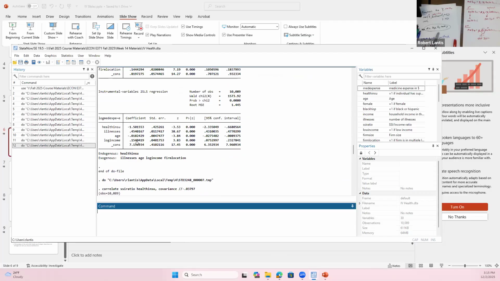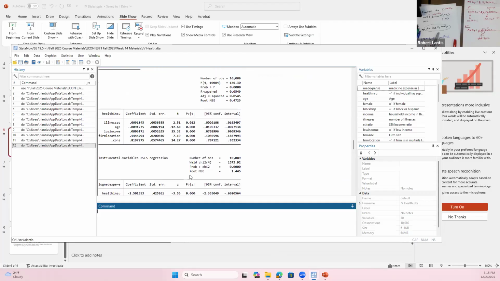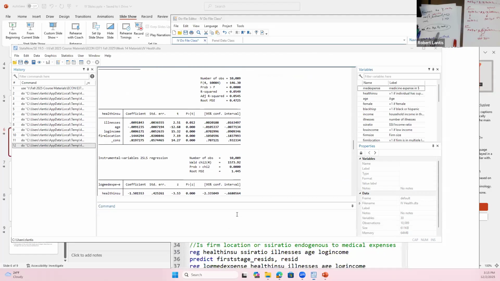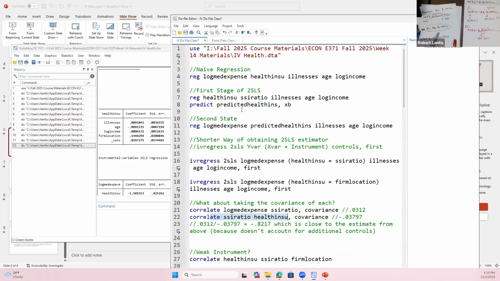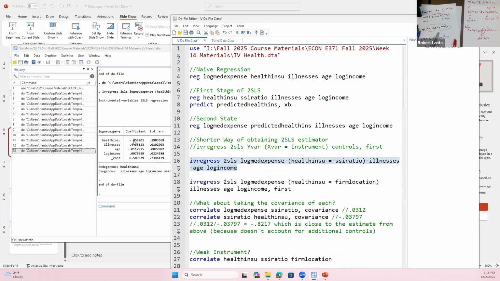Where were we using that Social Security income ratio? Well, let's just rerun it. We'll get rid of the first stage just so we don't have to look at it. So let's look at when we were instrumenting using Social Security income ratio. The result that we got was what? Negative 0.85. That was the coefficient we saw.